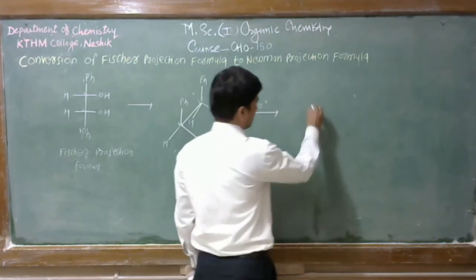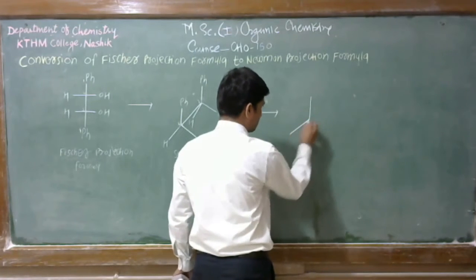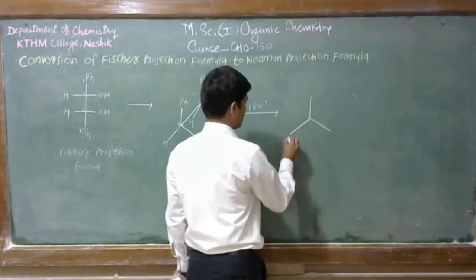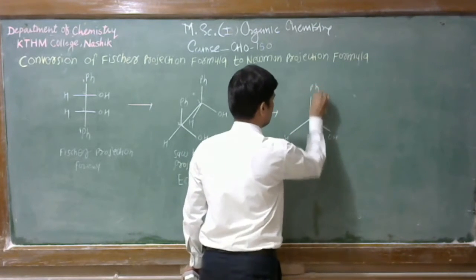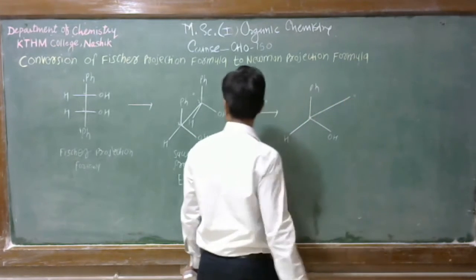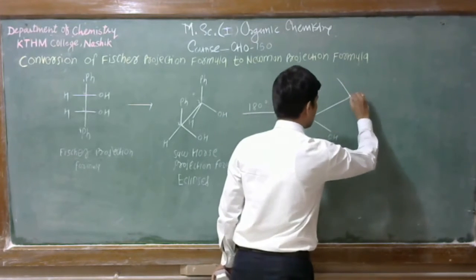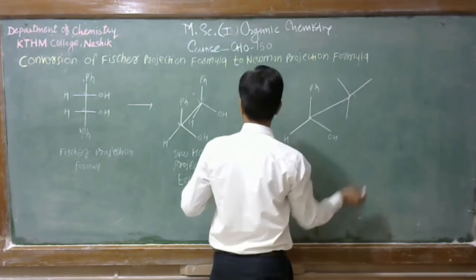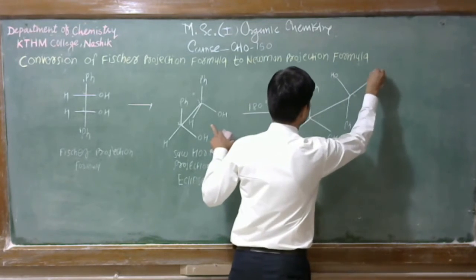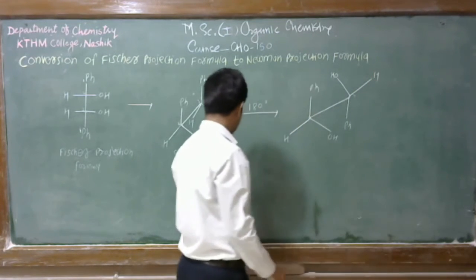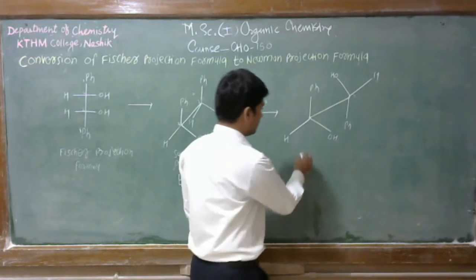Hence, if we draw the structure upon rotation, it will be like this. So this is the hydrogen, this is hydroxyl group, this is phenyl group, and after rotation it will appear like this. This is Ph here, this is OH here, and this is the hydrogen here. So this is Sawhorse projection formula in staggered form.